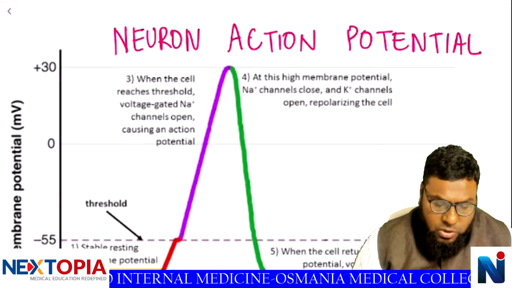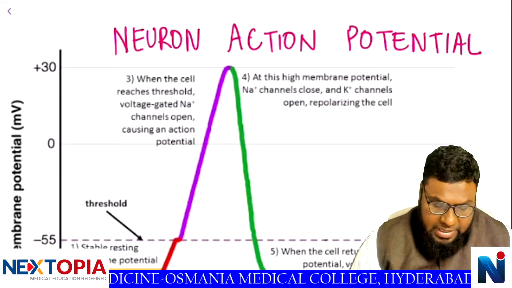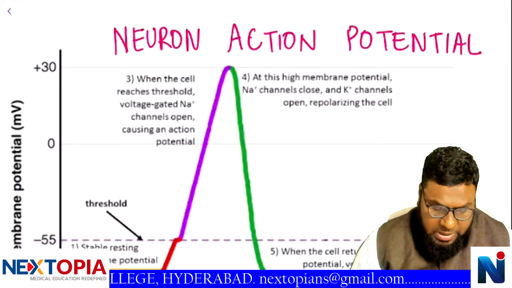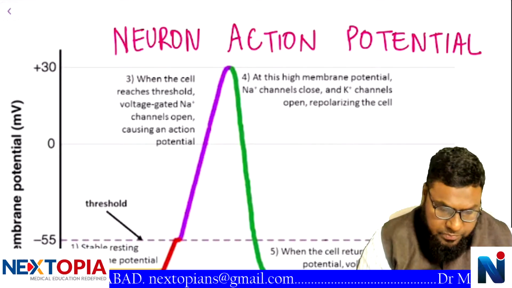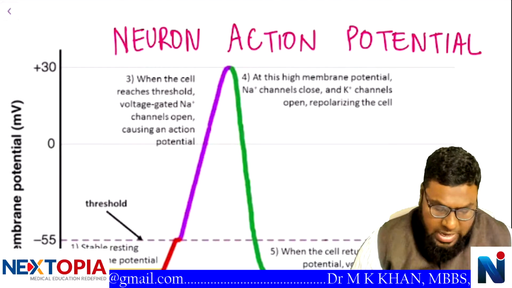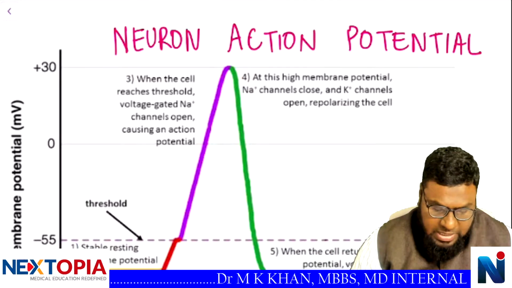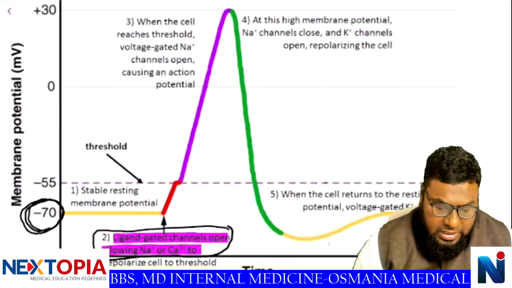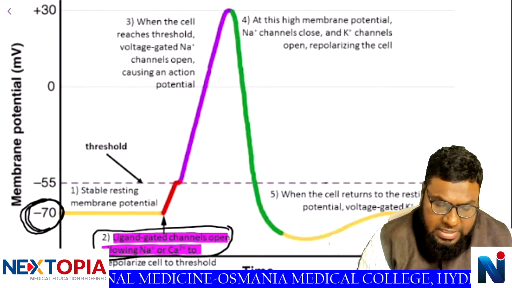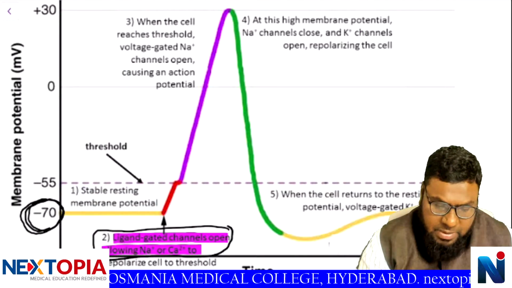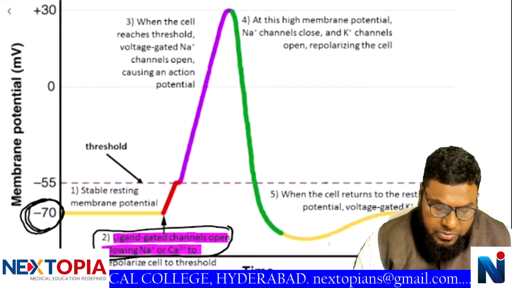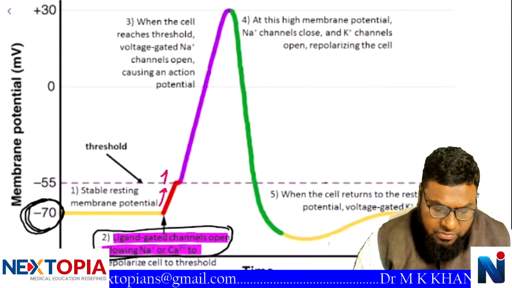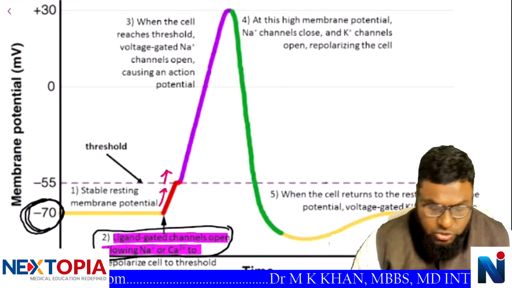What happens is the opening of ligand gated sodium channels. The ligand gated sodium channels open to depolarize the cell. So slowly the membrane potential is rising from minus 70, it becomes minus 55, and it reaches a threshold.